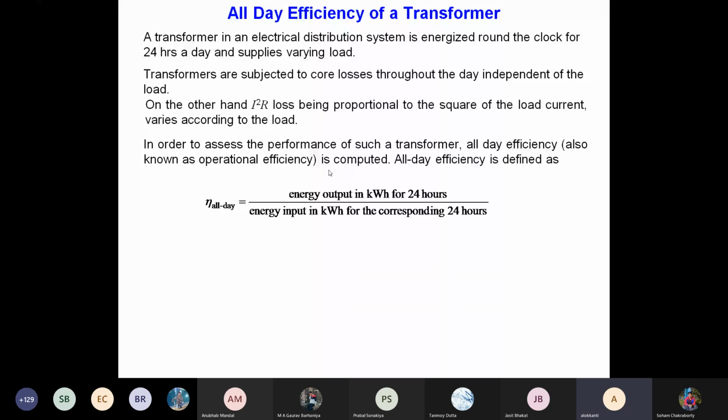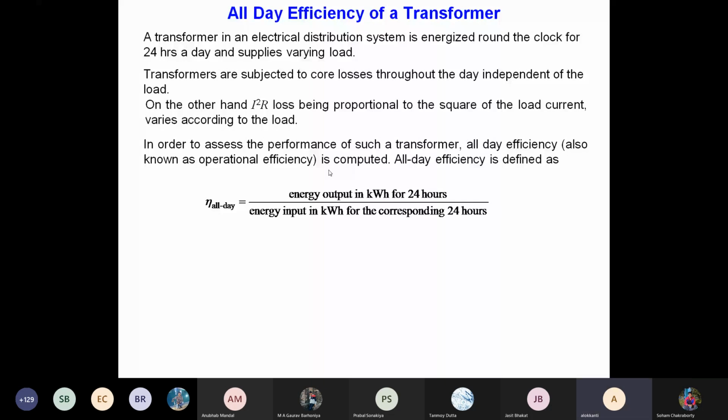So you see that this all-day efficiency is defined with respect to the energy consumed. In the earlier case, you saw that the efficiency was defined with respect to the power: the output power by the output power plus the loss power. But this all-day efficiency is defined with respect to the energy consumed.